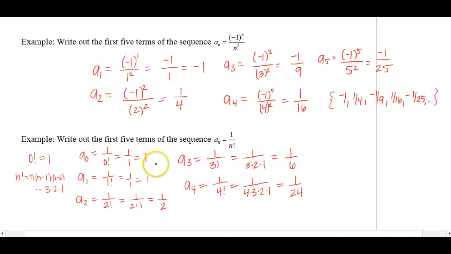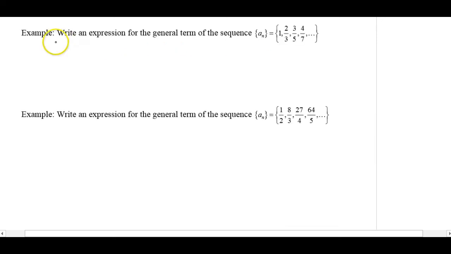So here, the first 5 terms of our sequence, even though notice we stopped at a sub 4, we are at the 5th term in the sequence. So listing them out, we have 1, 1, 1 half, 1 sixth, 1 over 24, and then this list will go on forever.